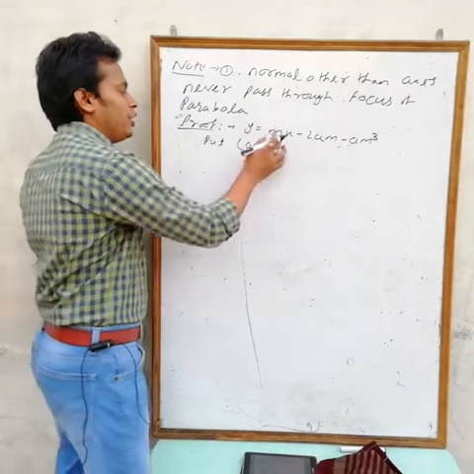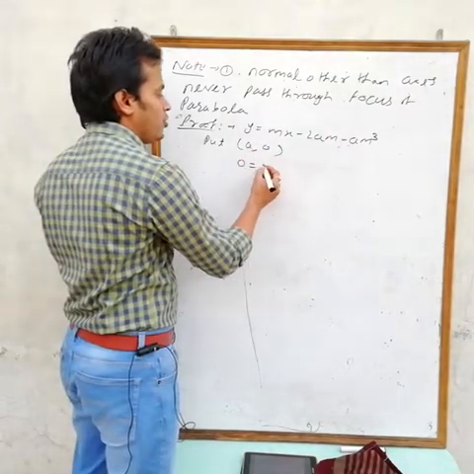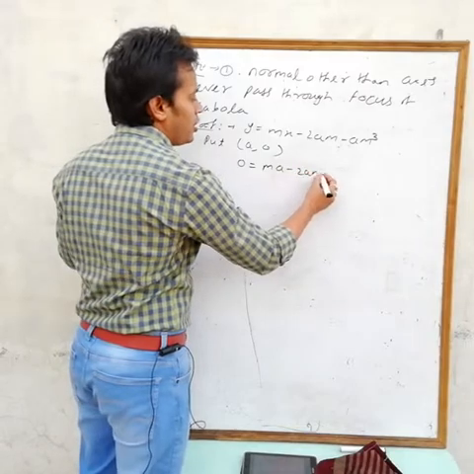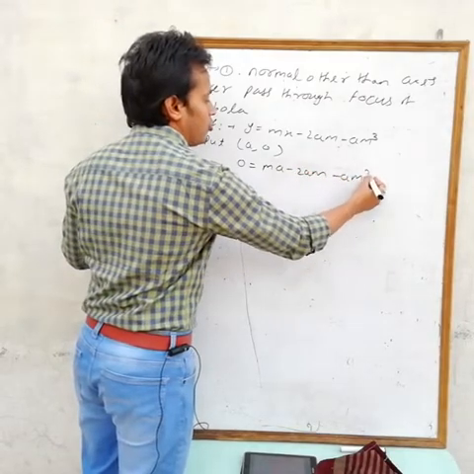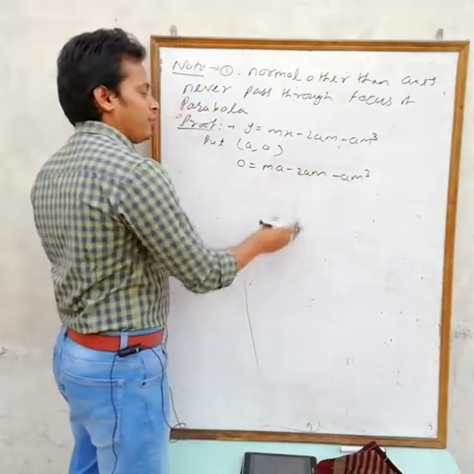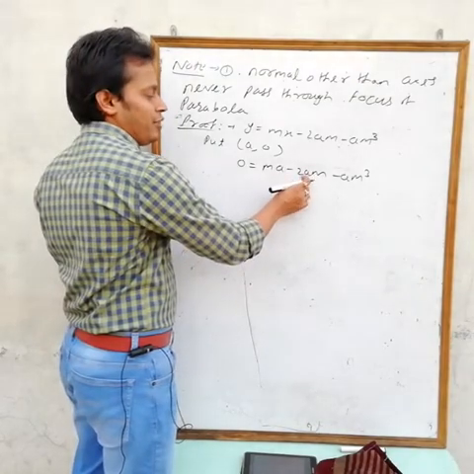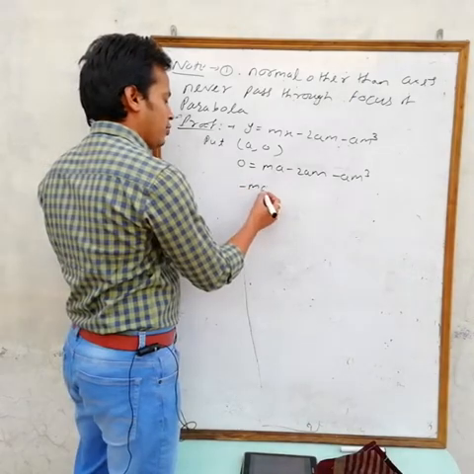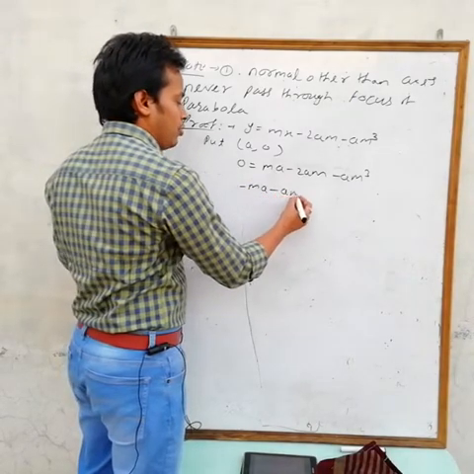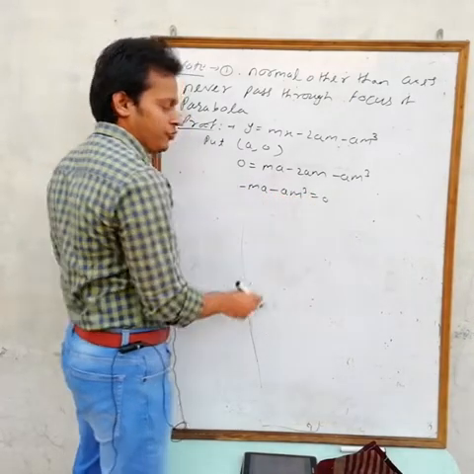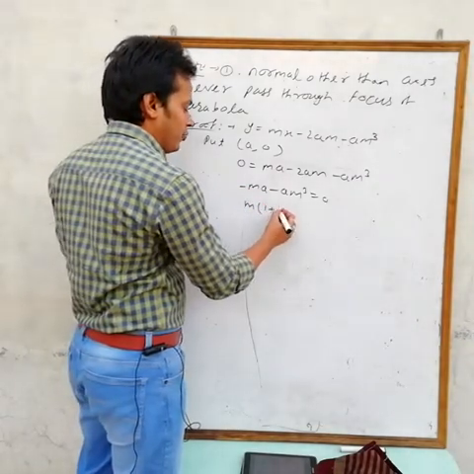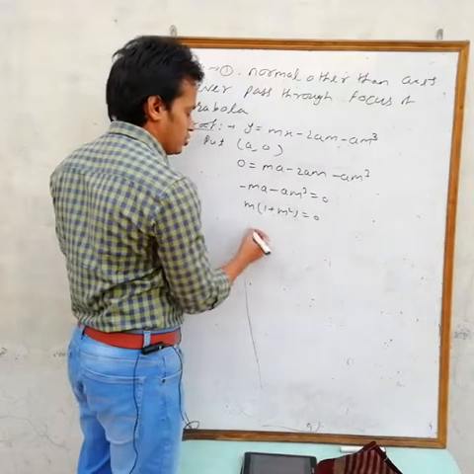So putting a comma 0, we get 0 equals ma minus 2am minus am cube. If you simplify this, we get minus ma minus am cube equals 0. Then you can take m common, so m times 1 plus m square equals 0.